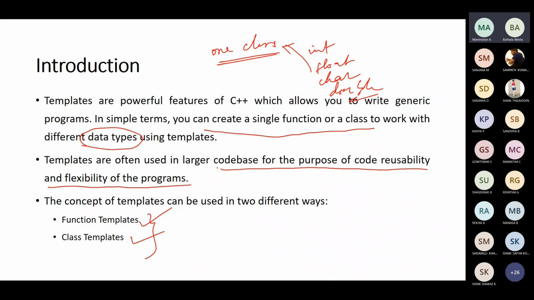At last, we will go through the lab programs also. So definitely this template concept will reduce the code, which means we are going to reuse the same set of code more than once. Similarly, it will be more flexible while writing programs. We will see that one.